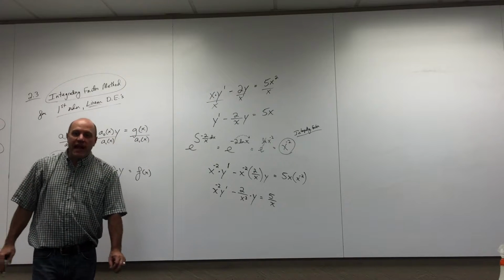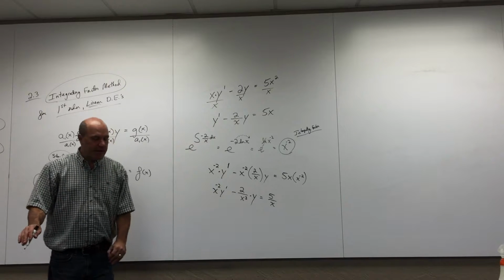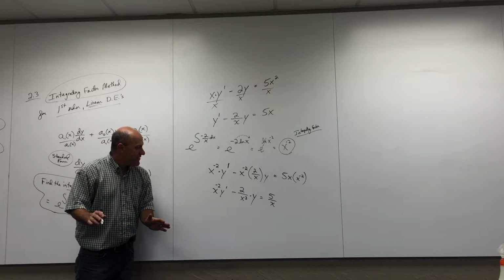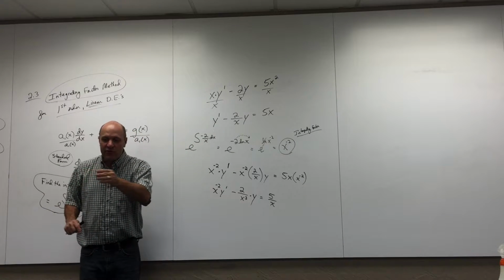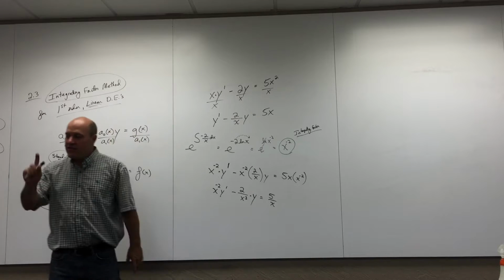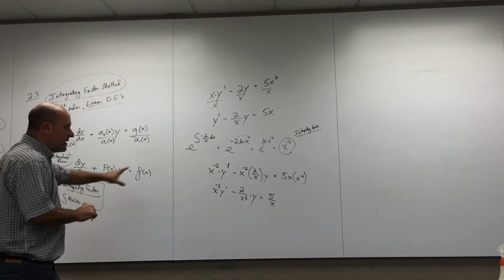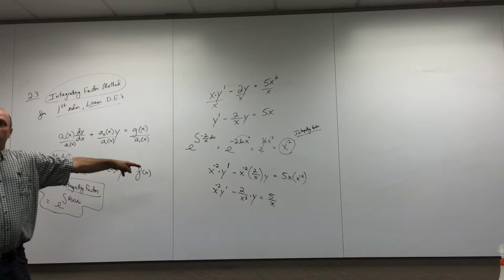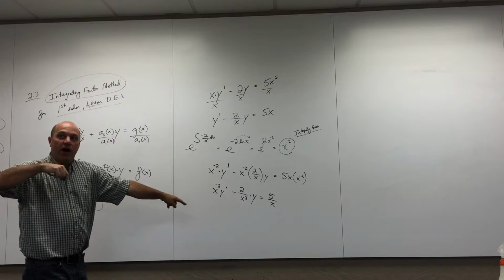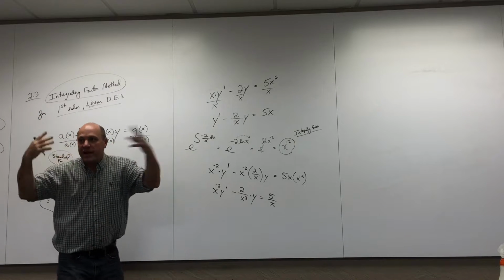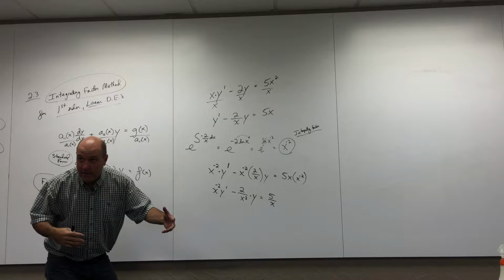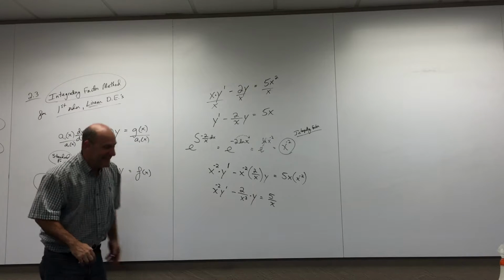Okay, here's what always happens, and again, I'll give you some good notes in a minute. After you multiply through by the integrating factor, the left-hand side becomes the derivative of the product of the integrating factor times y. Did you hear that?